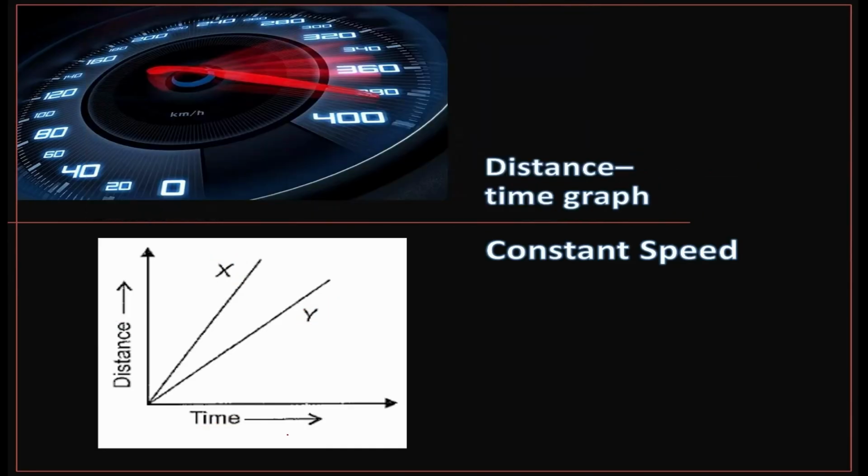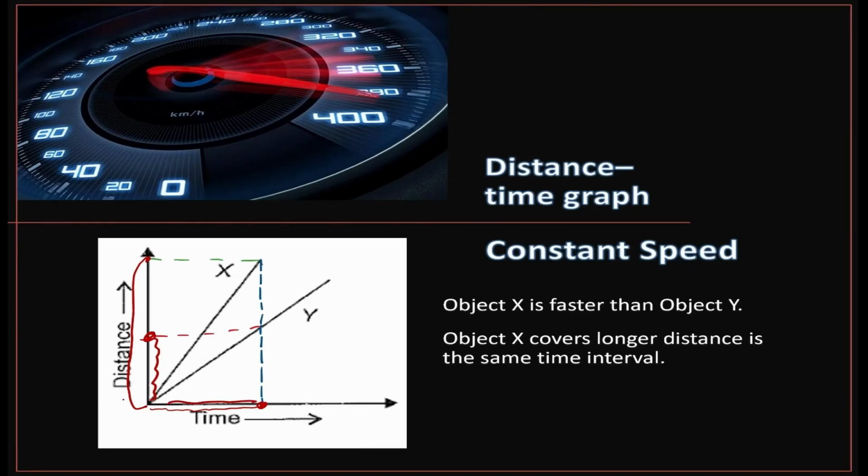For example, take this point to represent a specific time interval. Look at object Y. It covers this distance. And what about object X? It covers this distance. Y covers only this distance and X covers all this distance in the same time interval. Which one covers a longer distance? X. So X is faster than Y. It covers a longer distance in the same time interval.